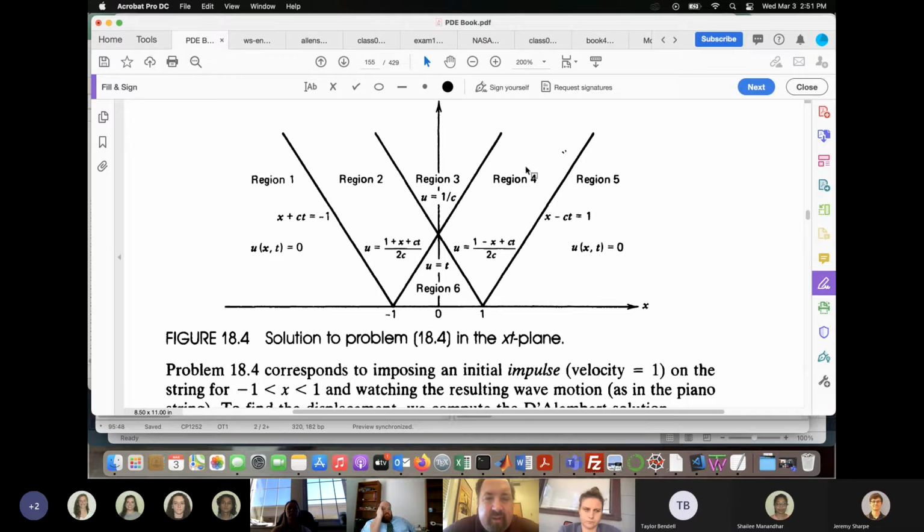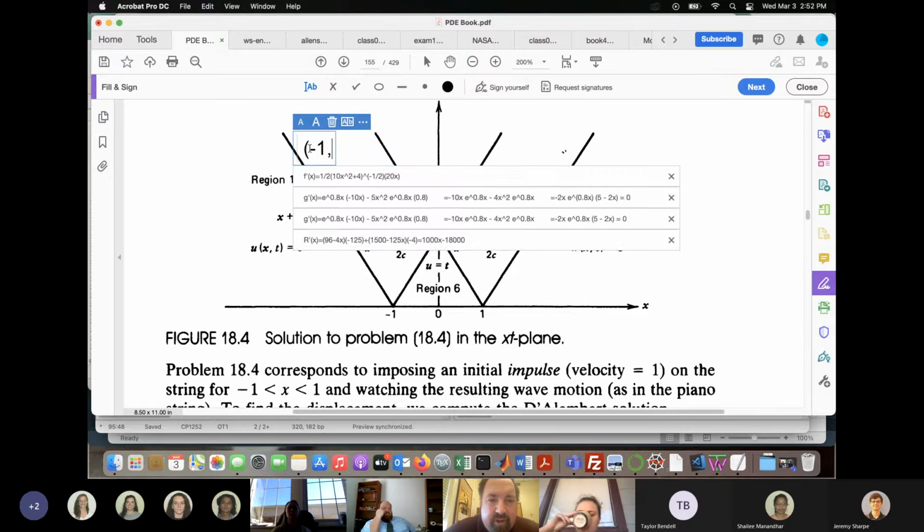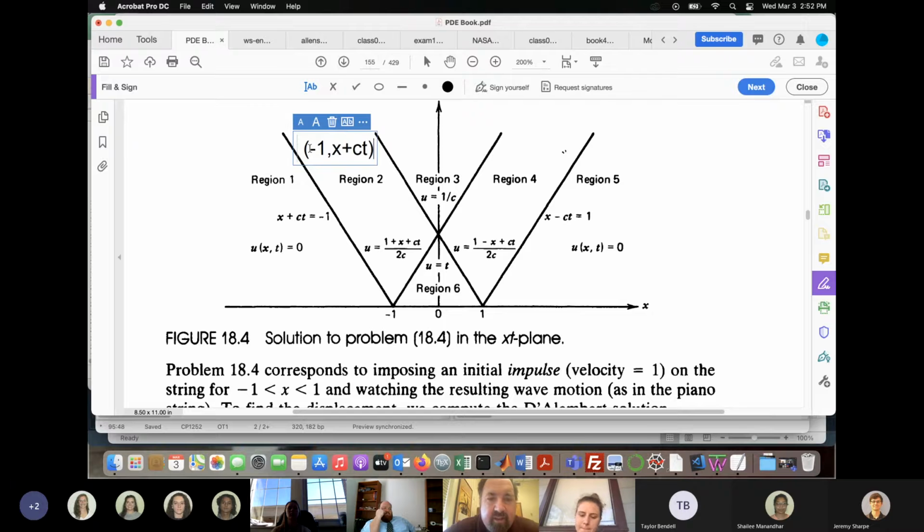So I'm going to fill in here for these regions the interval you're actually integrating over. In this case, region 2, it turned out to be the interval from -1 to x plus ct. That text is a little big.